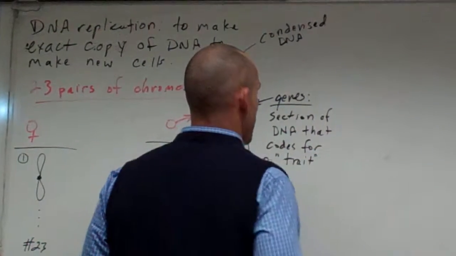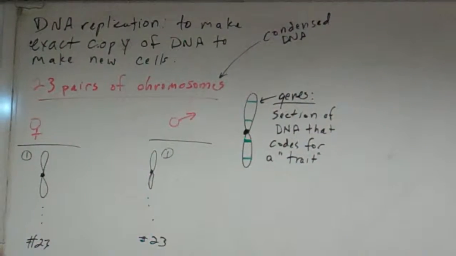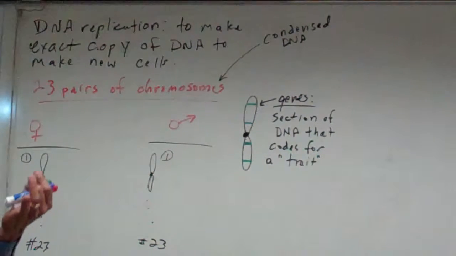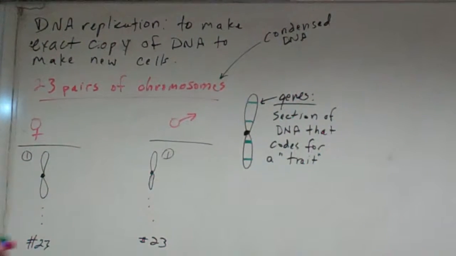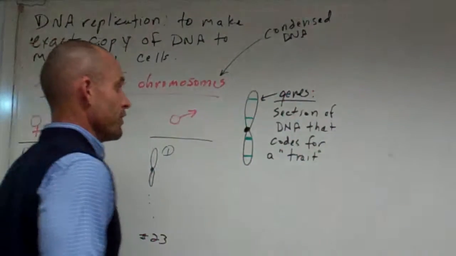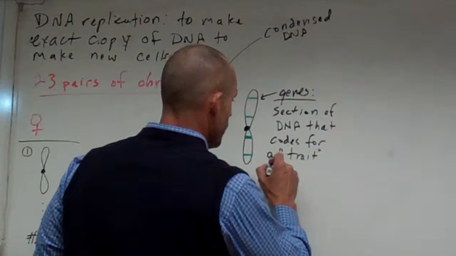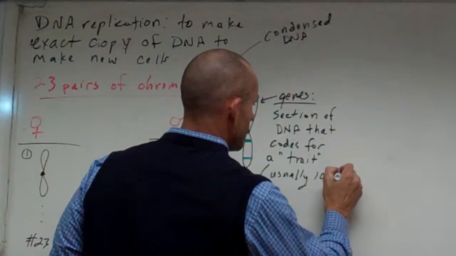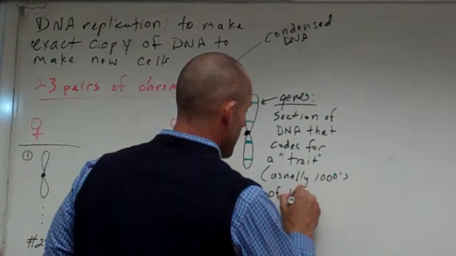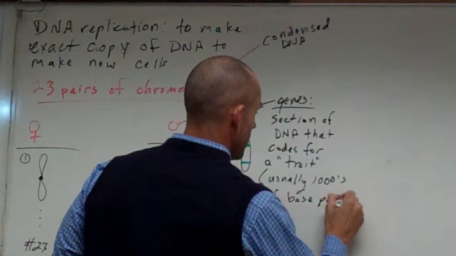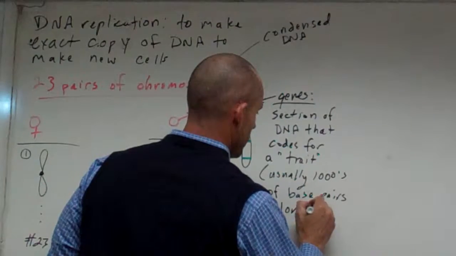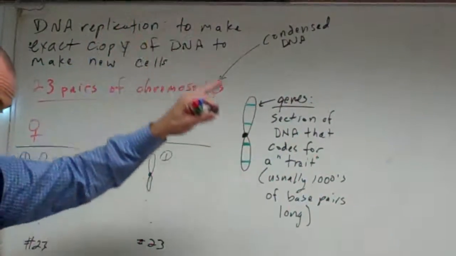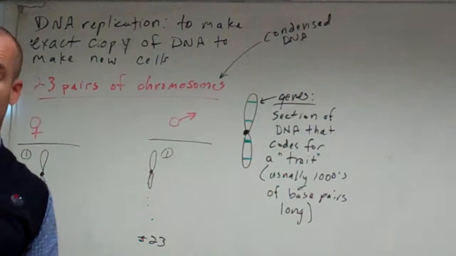I'm going to put trait in quotations because in your reading yesterday I talked about how it could be a morphological trait, a structural one, behavioral, physiological, whatever. So you have the codes for different traits. Usually each gene is thousands of base pairs long. So when you look at that double helix, it just keeps going and going and going.